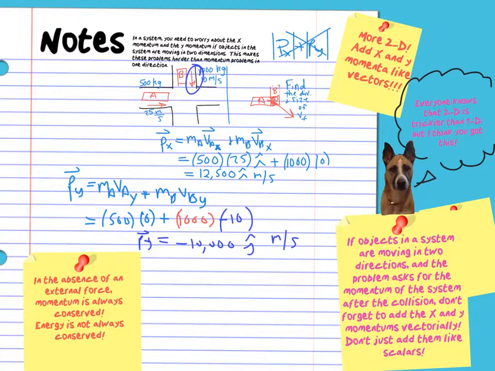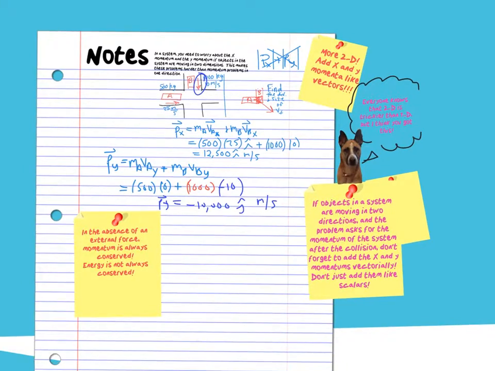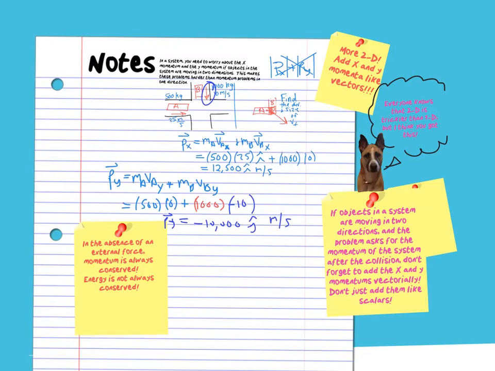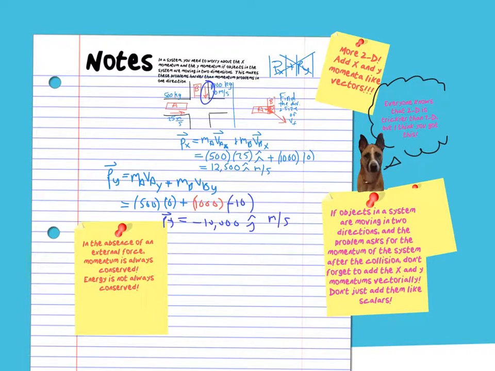So bottom line, if we were to say the total initial momentum, it is 12,500 i hat plus a negative 10,000 j hat kg·m/s.